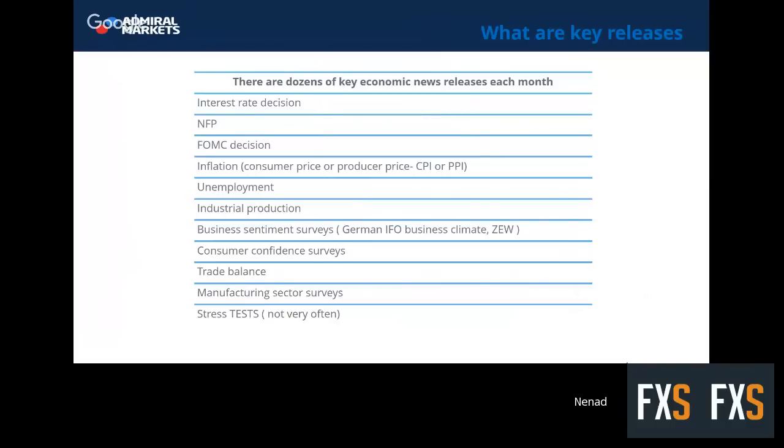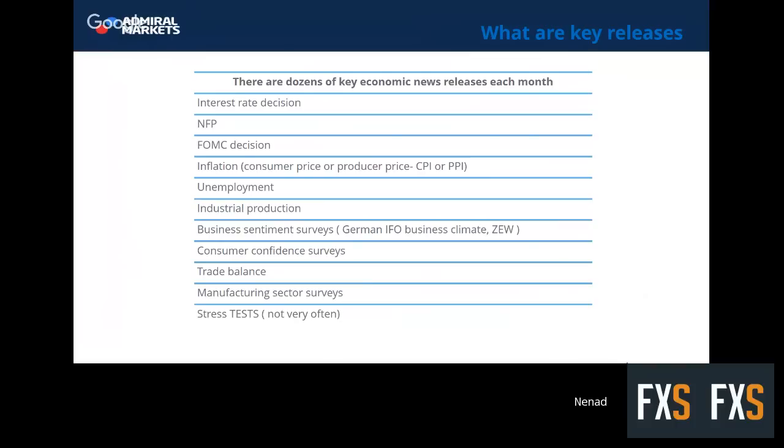Now, there are dozens of key economic news releases each month. Interest rate decisions, NFP, FOMC decision, inflation, consumer price, producer price, so-called CPI or PPI, unemployment, industrial production, business sentiment surveys, like German IFO business climate or ZEW sentiment.